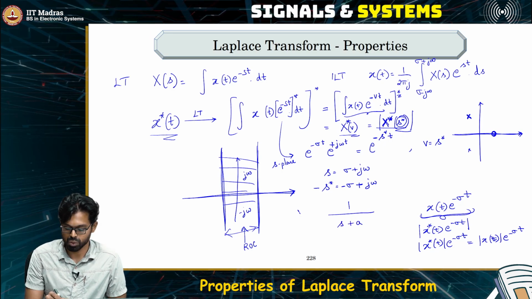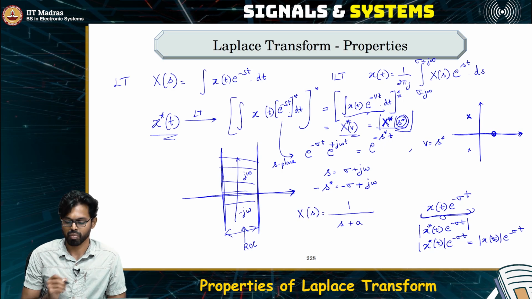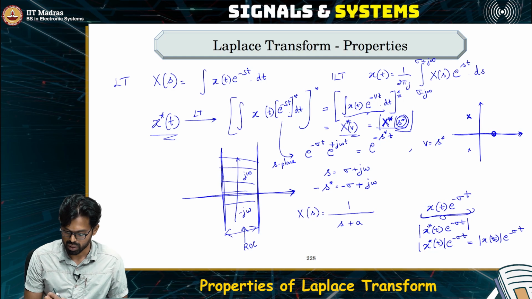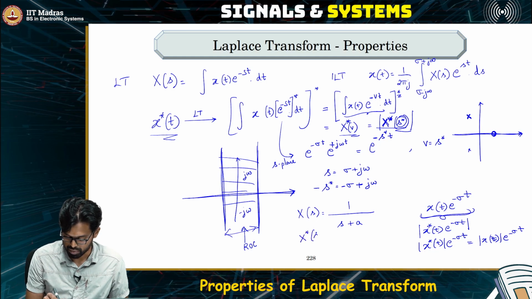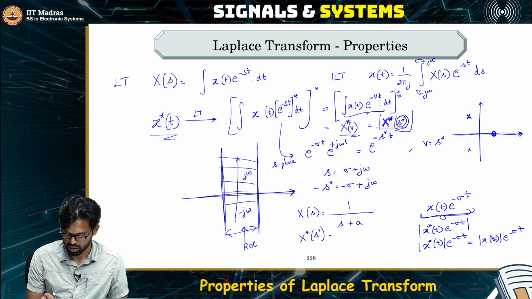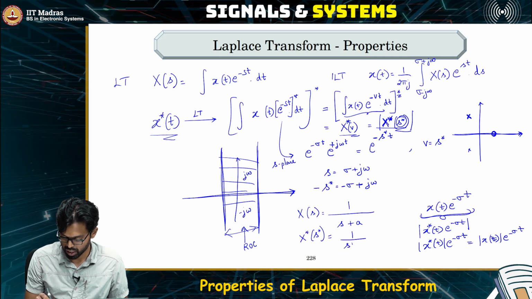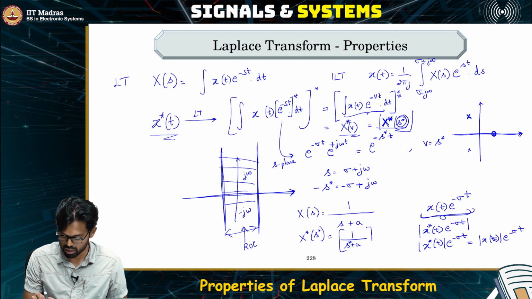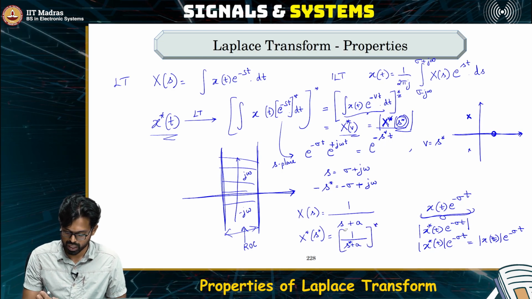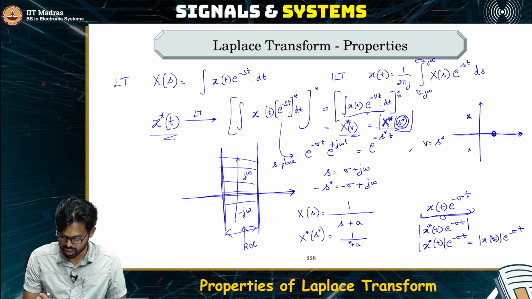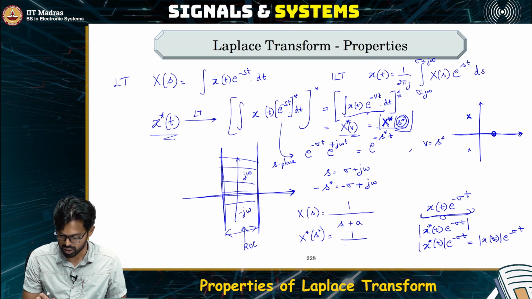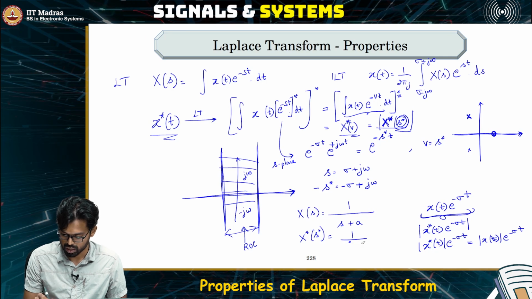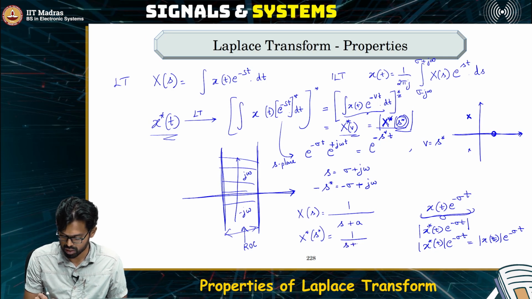Let's say this was our Laplace transform. Now the new Laplace transform will look like x star of s star, which is 1 by s star plus a, and then there is a whole star. Now bringing this conjugation that is outside into the term that is inside, you get (s plus a star) the whole star, which is nothing but s plus a star.